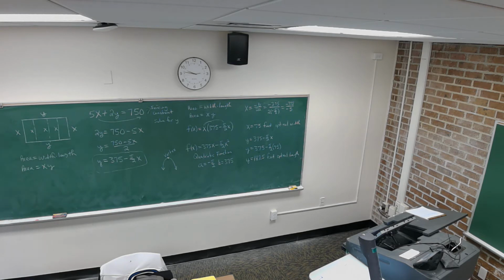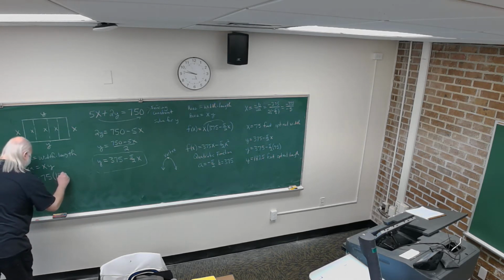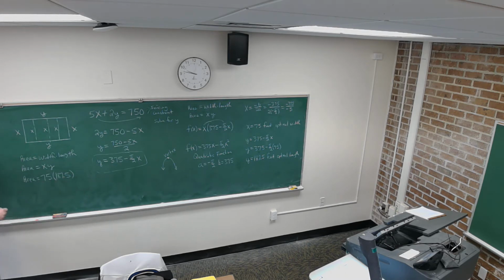Okay. What is x? X is 75. Y is 187.5. Now this is where you need a calculator. Okay. On exam, you'll have nicer numbers to work with. Okay. And we do 75 times 187.5. You get the maximum area.